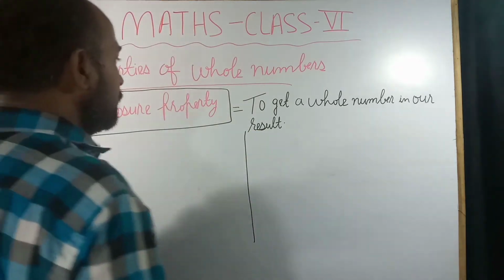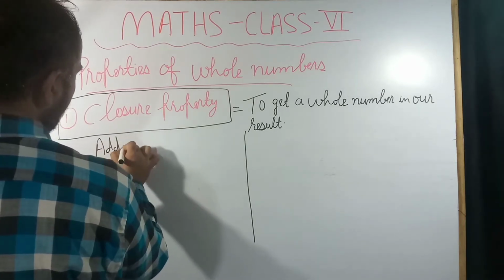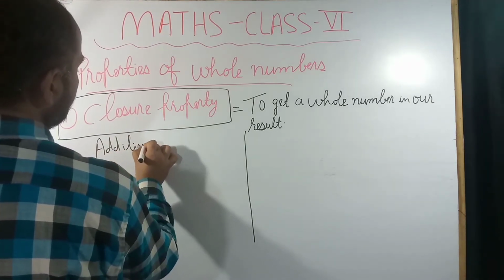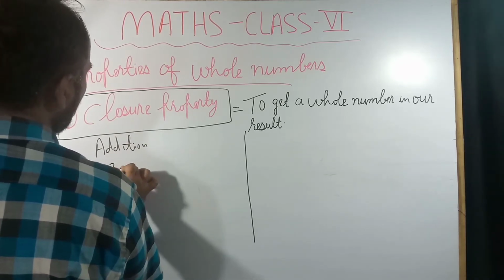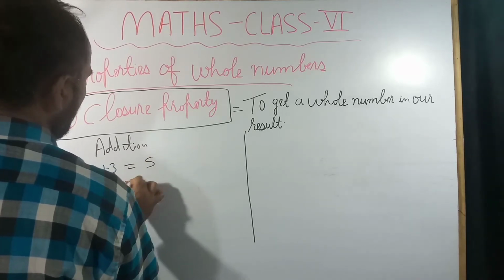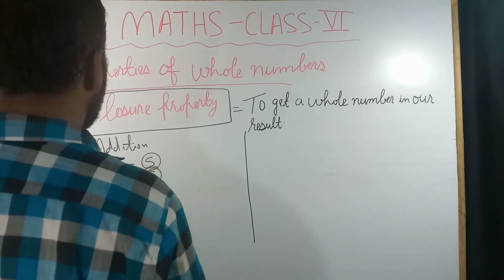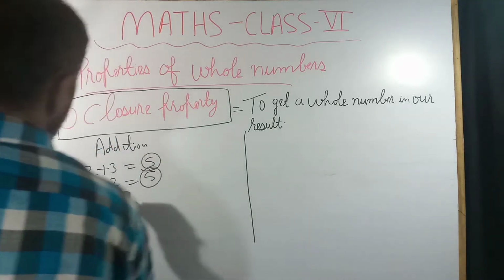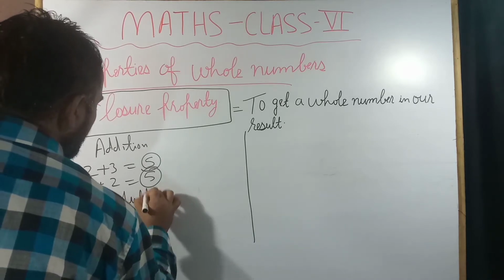In the case of addition, suppose we add 2 plus 3, we get 5, and 3 plus 2 is 5. So in all cases we have a whole number.